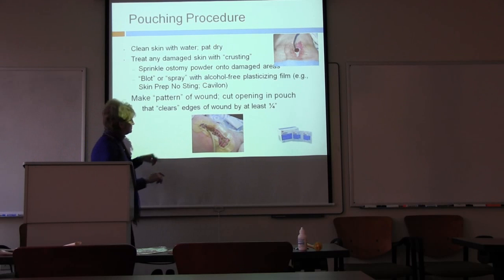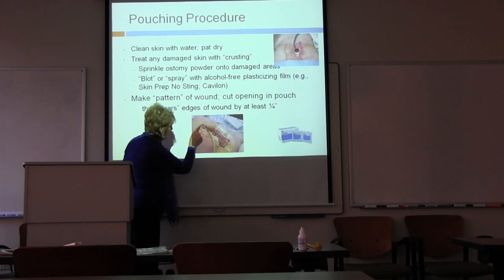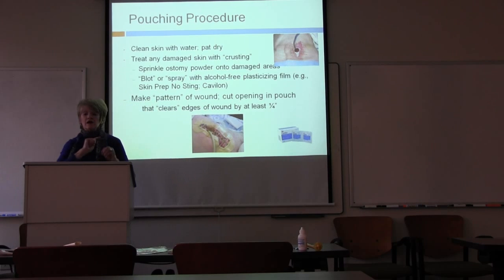If you look here, you can see that all of these pieces of barrier come away from the wound. Think about the fact that the wound edge is wet. If you size the opening in the pouch to come right up to the edge, and the pouch edge is touching the wet edge of the wound, it will always lift, and then you will get undermined.